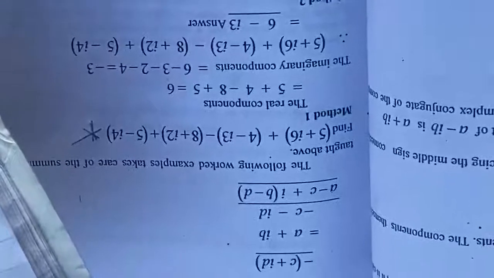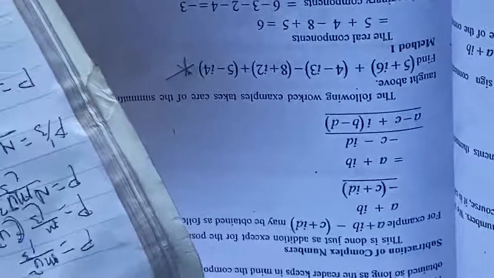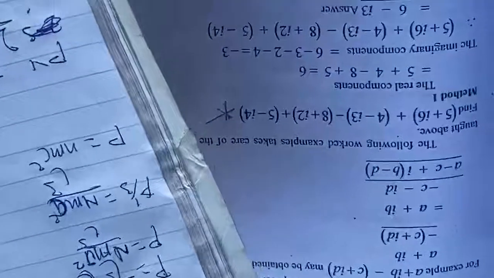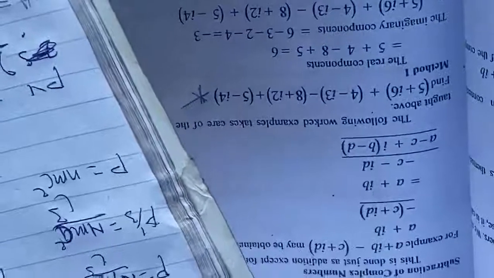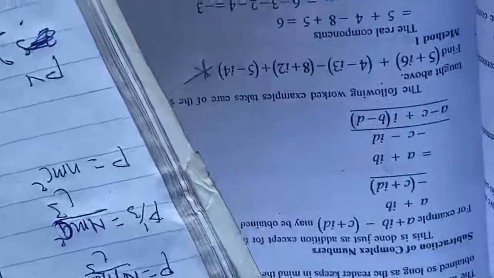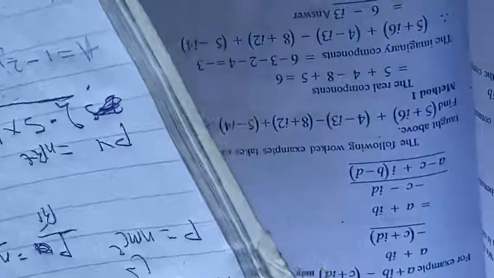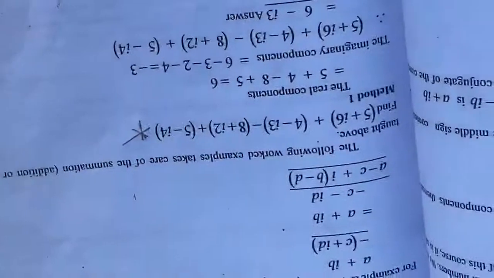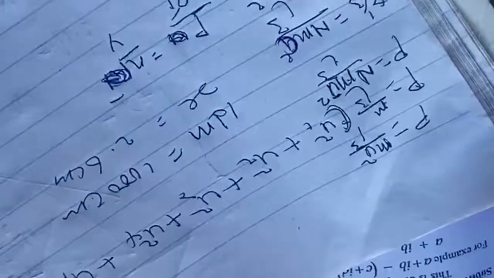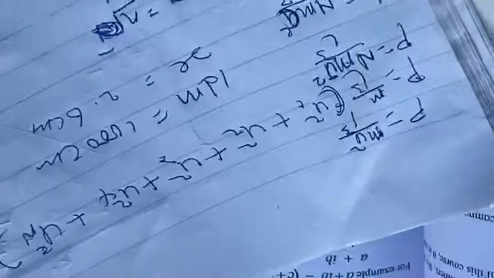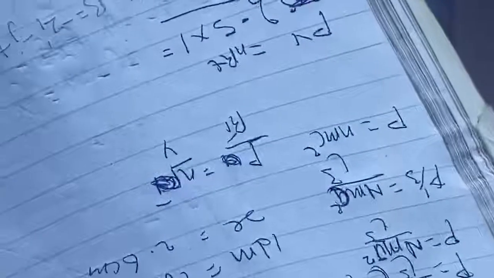And the question says, find (5 + i6) + (4 - i3) - (8 + i2) + (5 - i4). So the question is, find 5 plus i6 plus bracket open 4 minus i3 bracket close minus bracket open 8 plus i2 bracket close plus bracket open 5 minus i4.